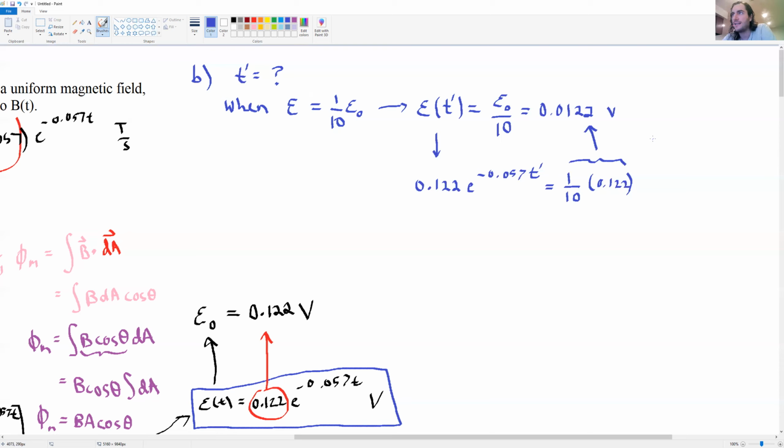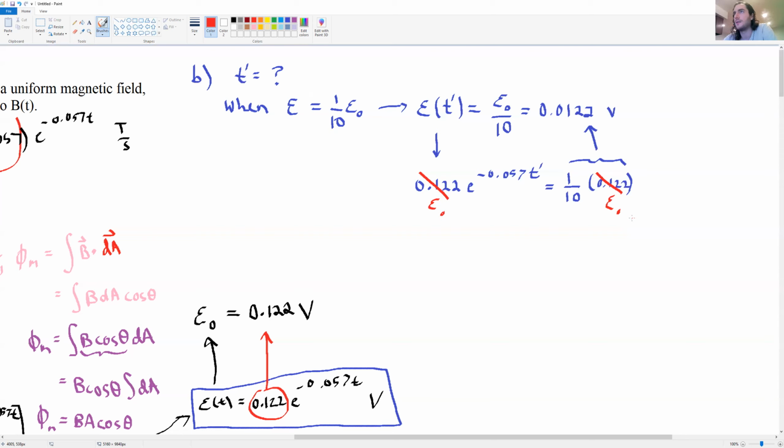So we're looking for that time when we're at 1/10 of the initial EMF, which is this 0.01 volts roughly. But if I write it as 1/10 of E0 in the equation, I can actually cancel E0 on both sides of the equation here. This is my E0 here. This is my E0 here, so I cancel that on both sides, leaving me with the exponential equals 1/10.